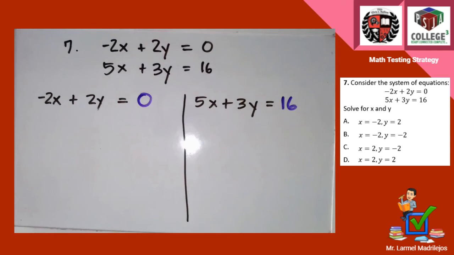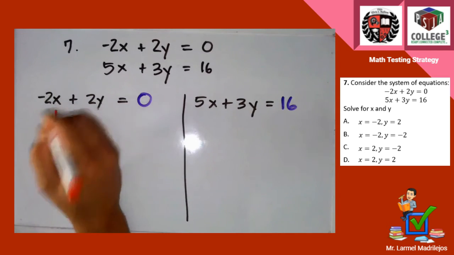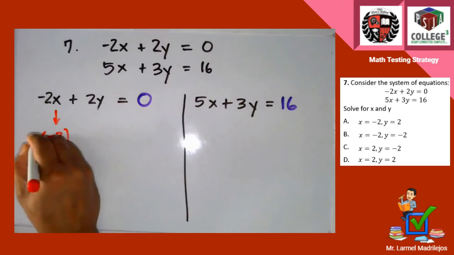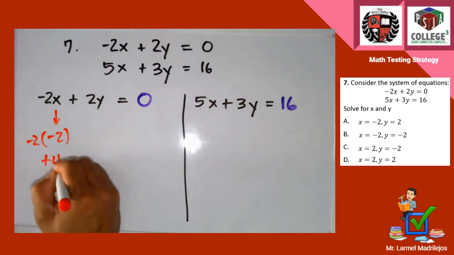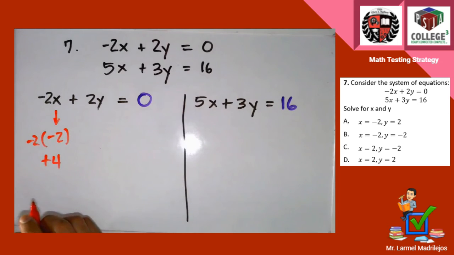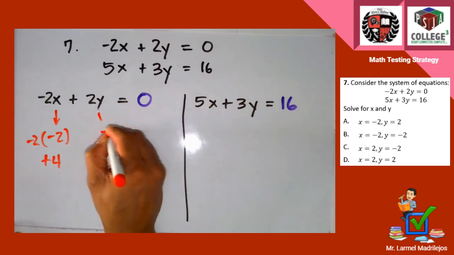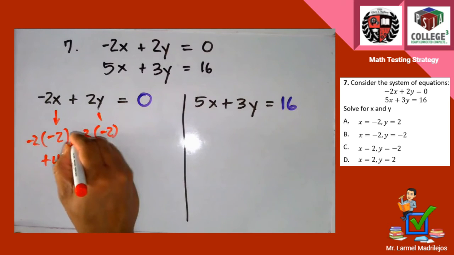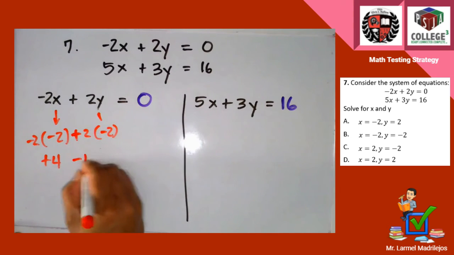Next is B. When x is negative 2 times negative 2 is positive 4, and y is negative 2 times 2, it's negative 4.